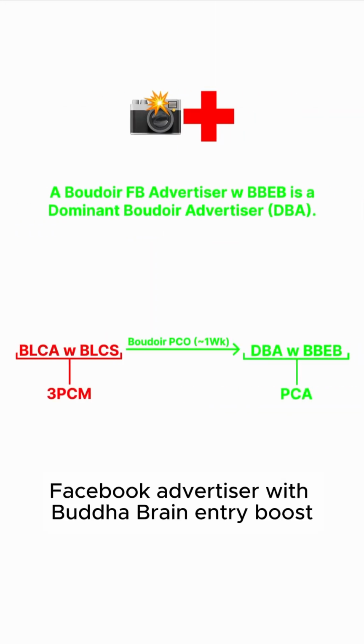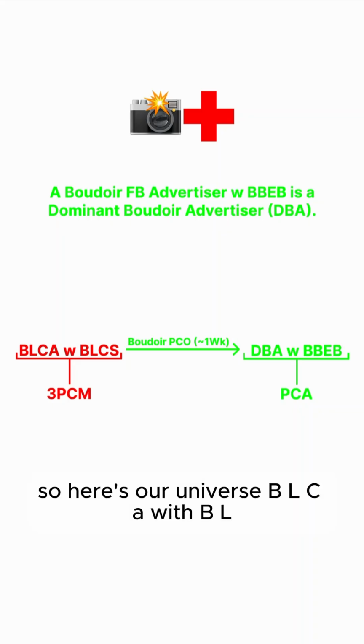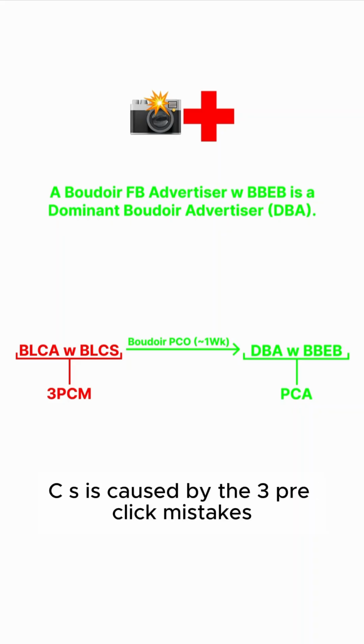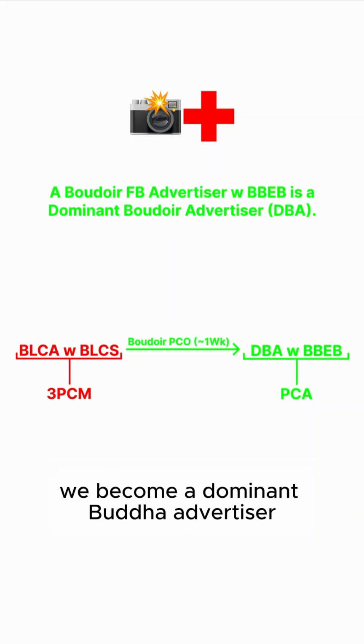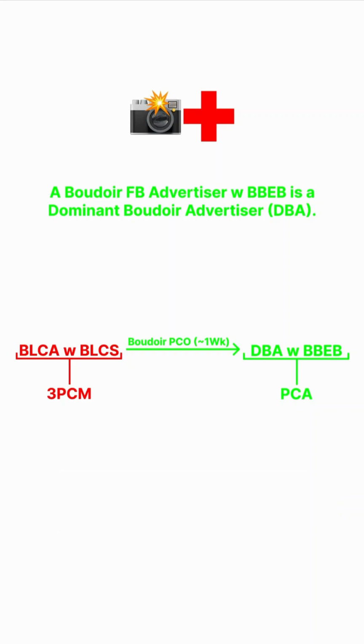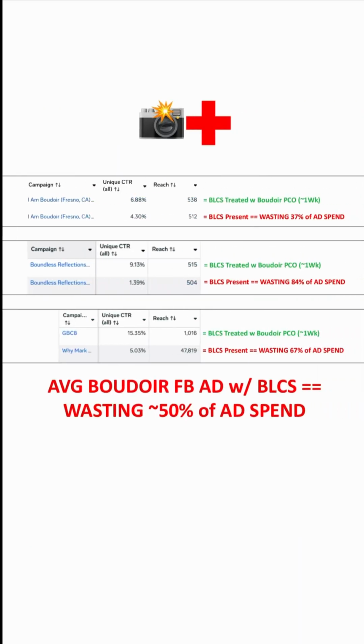A Boudoir Facebook advertiser with Boudoir Brain Entry Boost is a dominant Boudoir advertiser. So here's our universe: BLCA with BLCS is caused by the 3 pre-click mistakes. Simple enough. It's treated with Boudoir Pico, takes about a week, and we achieve pre-click alignment. We become a dominant Boudoir advertiser, and we have Boudoir Brain Entry Boost with our Boudoir Facebook ads.